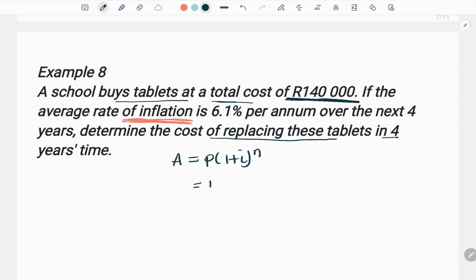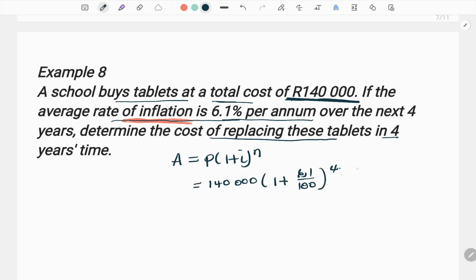So your P is going to be 140,000. 1 plus the average rate of inflation is 6.1 per annum. It's per annum, it means you divide by 100. It's not compounded monthly or semi-annually. So it's going to be 6.1 over 100 to the exponent of 4.